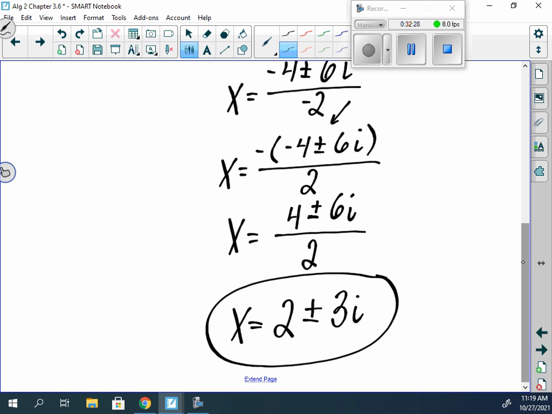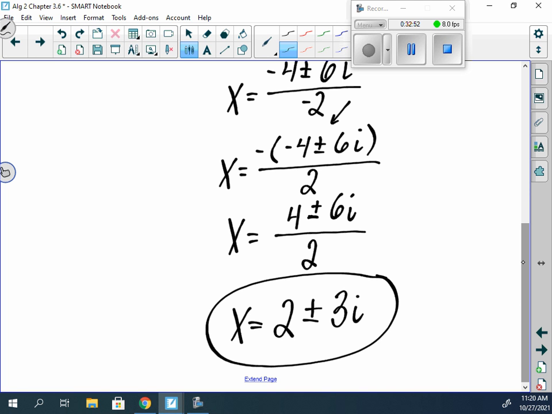Here it ended up simplifying out completely. We could have divided by negative 2 and got to the same spot instead of moving the negative up top. But I wanted to show you that just in case it doesn't actually simplify like that. Because if it had been 5i instead of 6i, we couldn't have done the division of 2. We would have still had to move the negative.